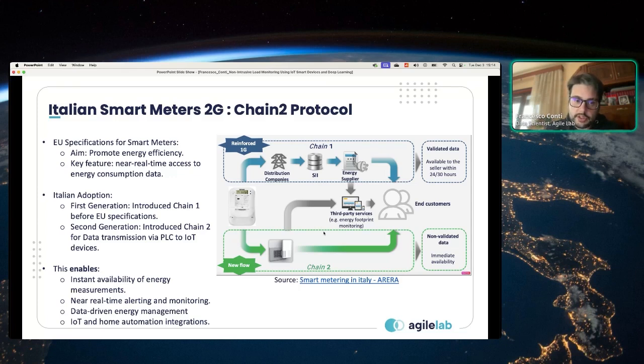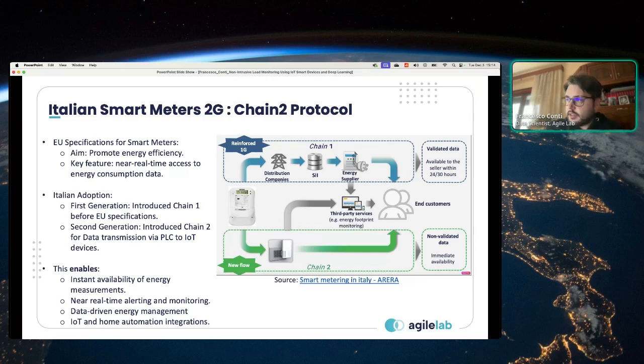And as you can imagine, these devices enable a lot of different use cases. We have instant availability of our energy meters, but also access to alerting and monitoring messages. And these, for example, could be used also in IoT and home automation systems.